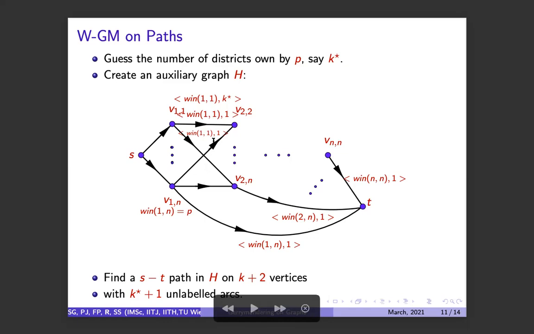For every candidate I have labels of the form candidate, comma, integer, where the integer goes from 1 to k star minus 1. My goal, after constructing this auxiliary graph, is to find an S to T path on k plus 2 vertices with k star plus 1 unlabeled arcs, where all the other labels are distinct.